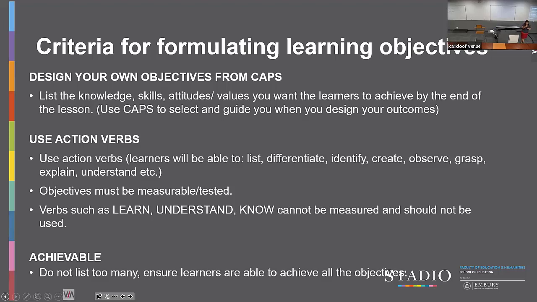It depends on what the learners must achieve. It could happen that you have 3, it could happen that you have 6, but normally we say to our student teachers to get used to the writing of learning objectives. Maybe it would be best to have 2 or 3 knowledge, 2 or 3 skills, and maybe 1 or 2 attitudes and values.